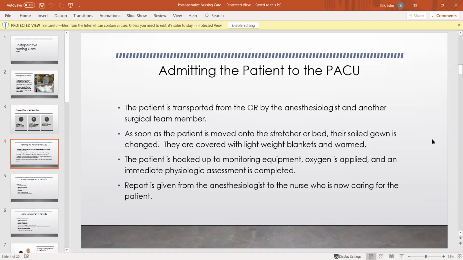If you have a TURP procedure, they generally have a Foley with that 3-way thing to it where you constantly have irrigation going through. So they might be telling you about that and things that you need to watch for there. They're also going to tell you if this person has a language barrier and if they have family or friends waiting in the waiting room to see them.